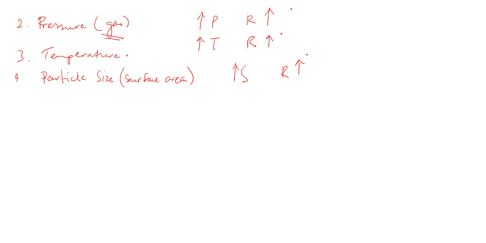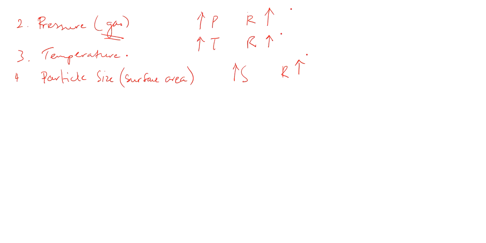Now, how do we explain this? Let's say we have lumps of marble chips, and we were to crush the lumps of marble chips. What has happened is that we are actually increasing the surface area. So therefore, because you're increasing the surface area, there are more regions in which collisions can take place now.